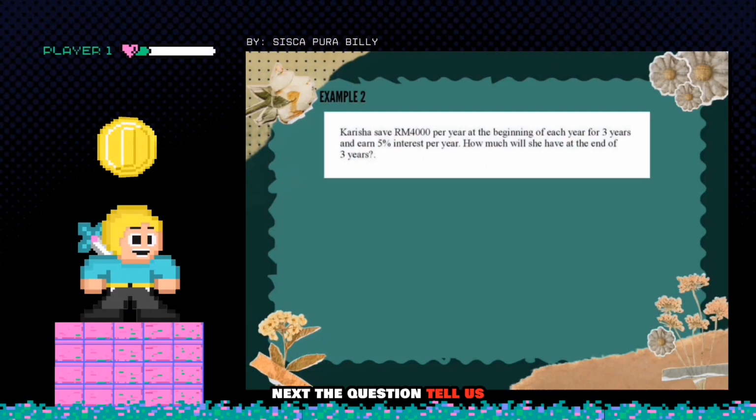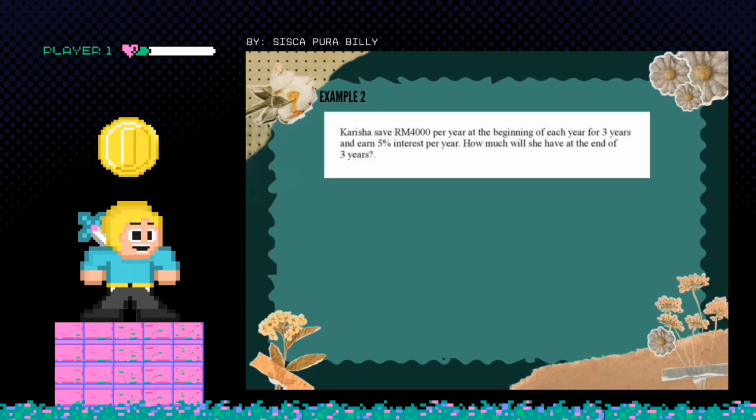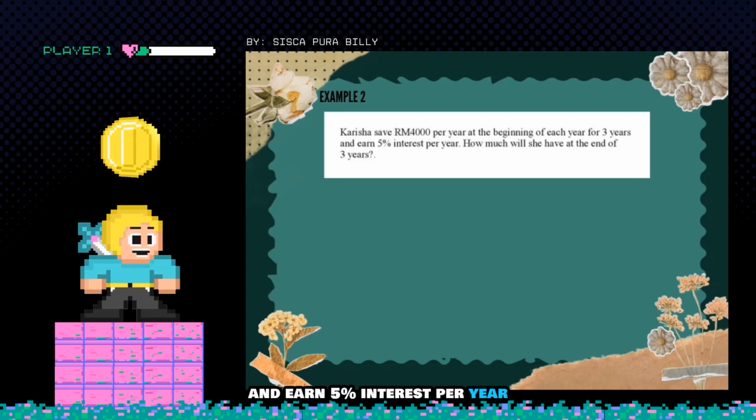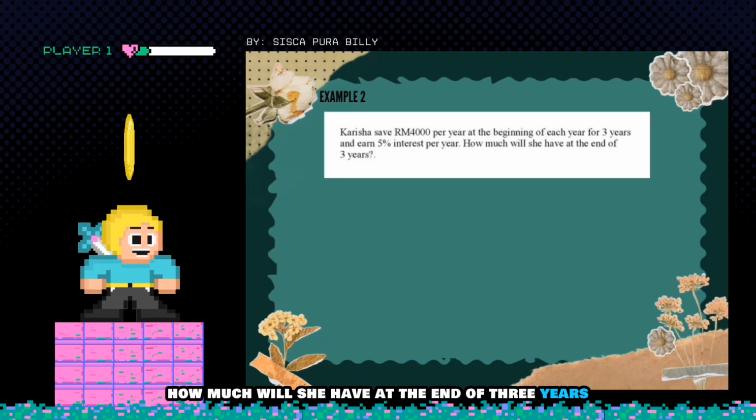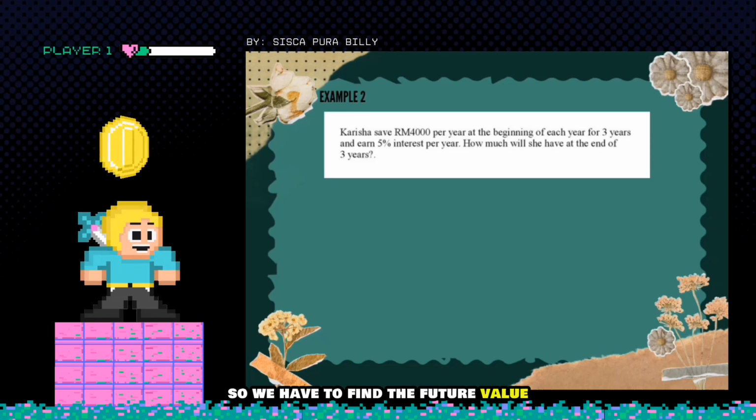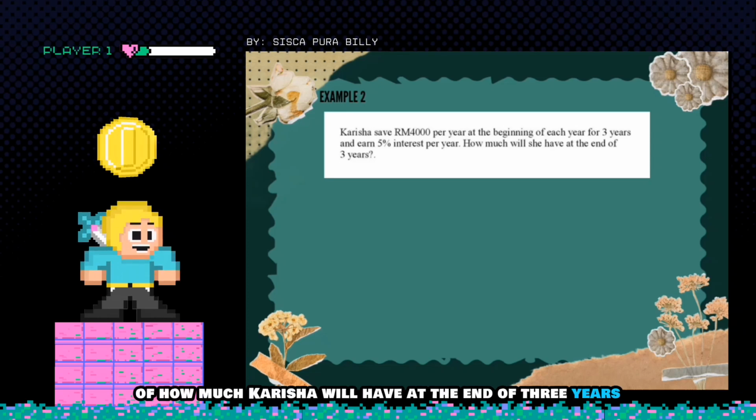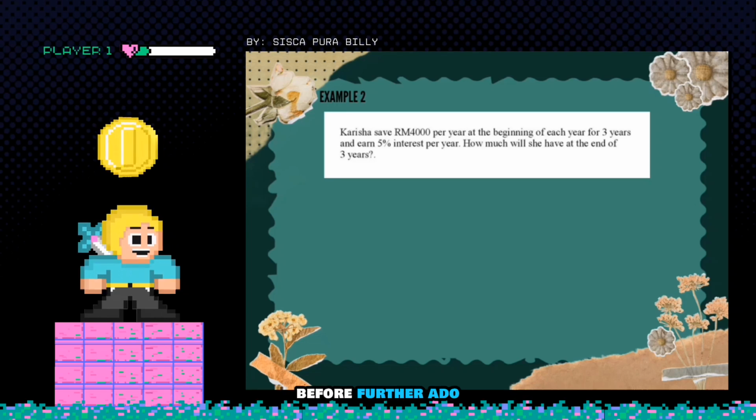Next, the question tells us Karisha saved 4,000 ringgit per year at the beginning of each year for 3 years and earned 5% interest per year. The question asks, how much will she have at the end of 3 years? So, we have to find the future value of how much Karisha will have at the end of 3 years. Before further ado, we have to take out all the information given.